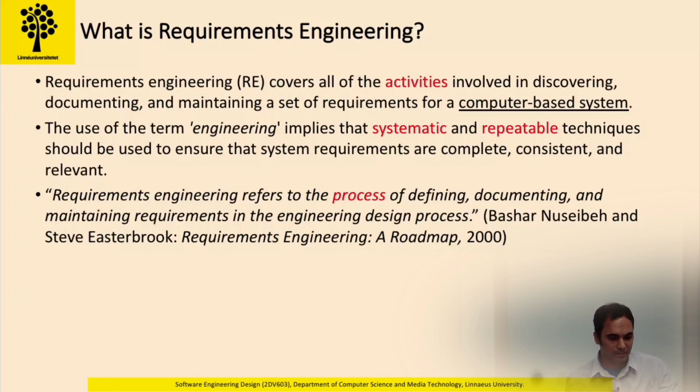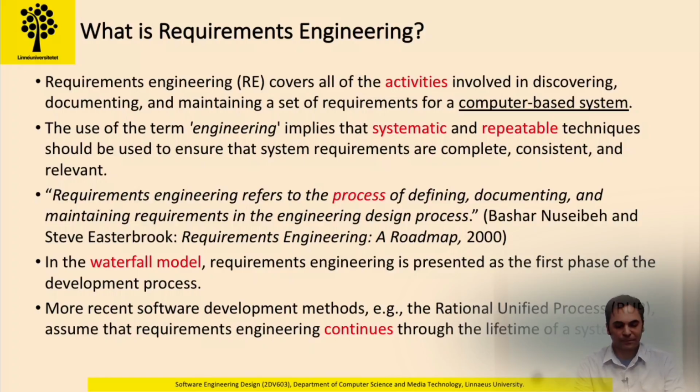So you have to define the requirements, you have to document them well, and you have to maintain them once they're defined and documented. But it doesn't say the order or the structured process of these activities. That's why the software engineering process comes in.